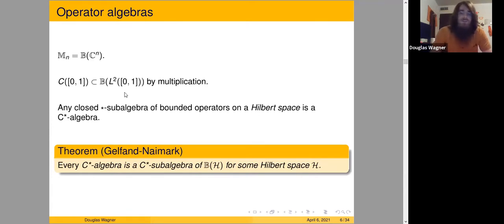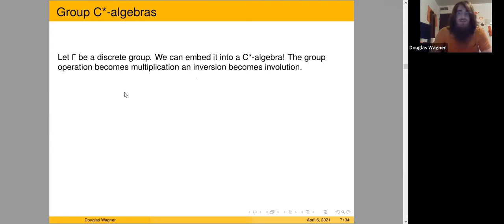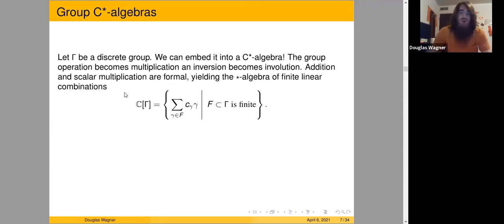We could instead start with a discrete group. We'll use the group operation as our multiplication, and inversion of elements as involution. And for the vector part, we'll just pretend it makes sense. So we get this star algebra of formal finite sums.